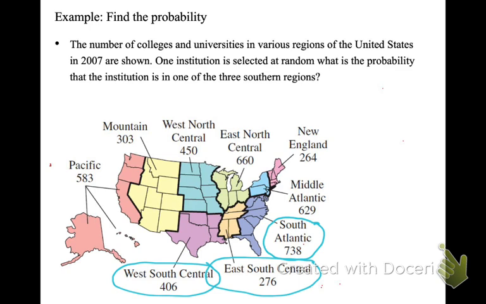So you have 738 plus 296 plus 406, which gives 1,420 over all of them added. I got 4309. Anybody checking my work?